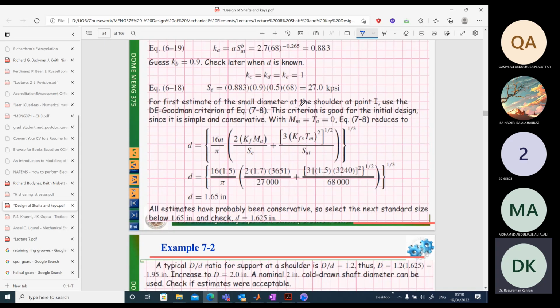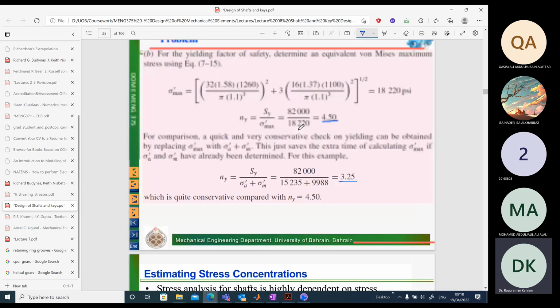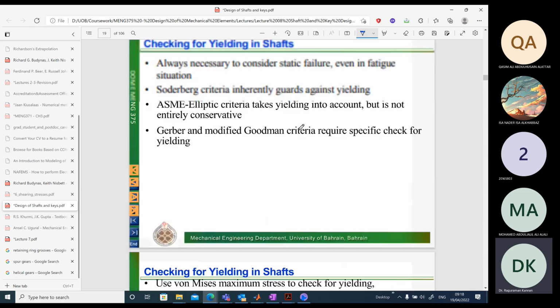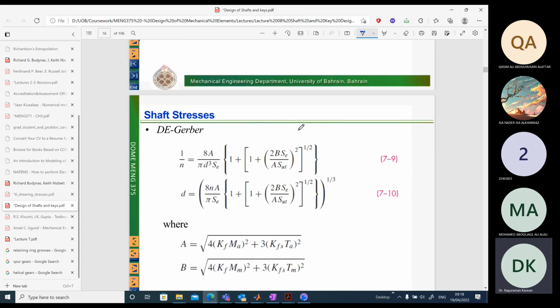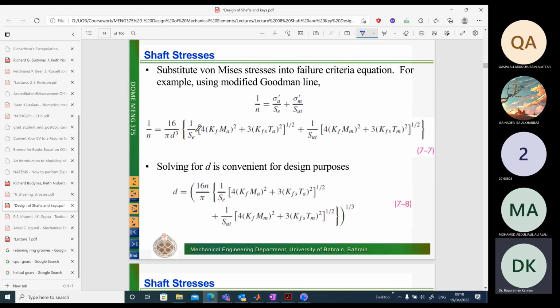Here they have decided at point I to use the Goodman criterion and calculate the diameter. Again, if you go back to the list of formulas which you were provided, in the case of the Goodman criterion, you have a direct formula to evaluate your diameter.